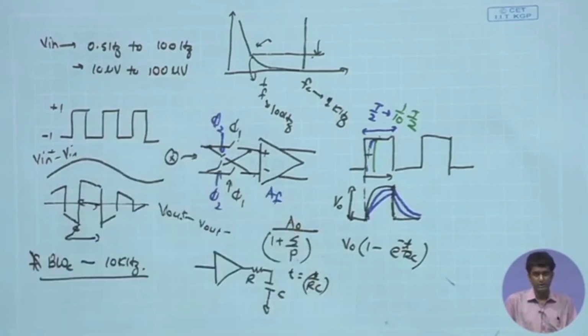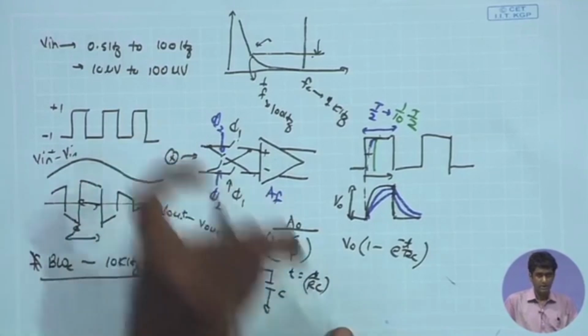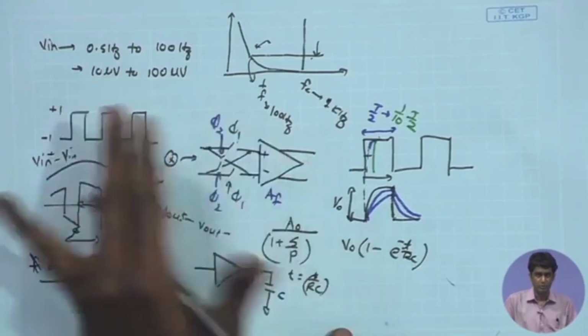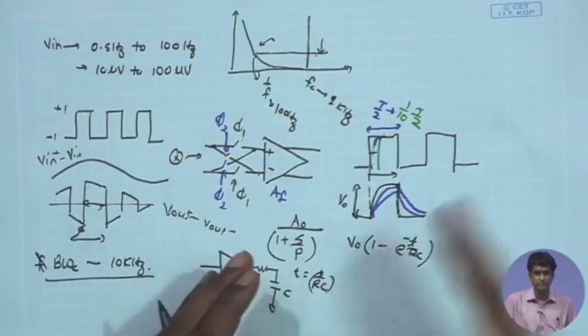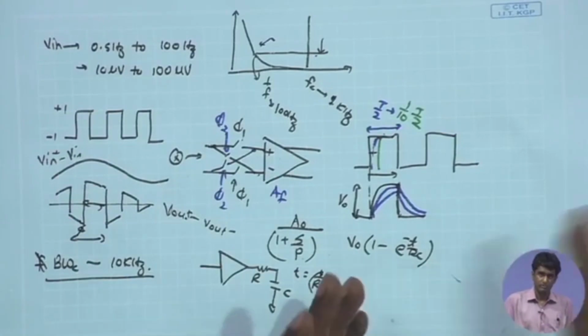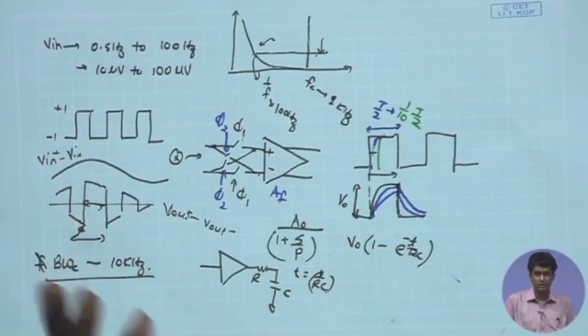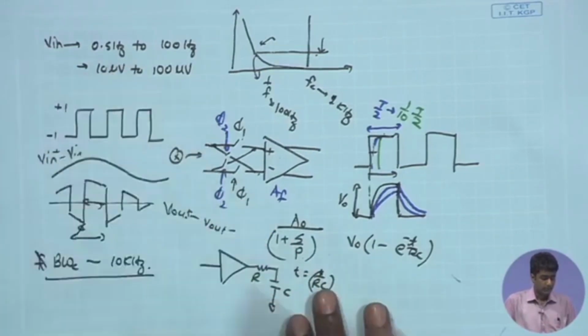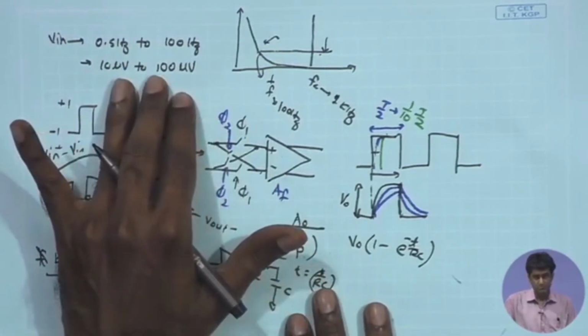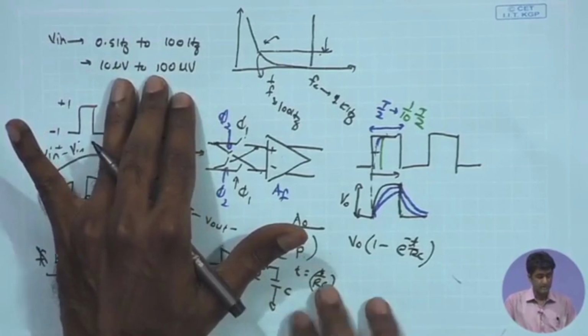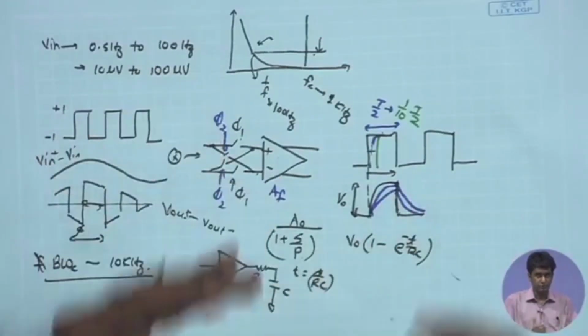Then you can go for a larger output swing, and therefore the overall gain that we are targeting from the amplifier stages and maybe even the filter stages, overall it will be 10 to the power of 4. And then we can divide this gain into 2 stages. So we also discussed the rationale for that.